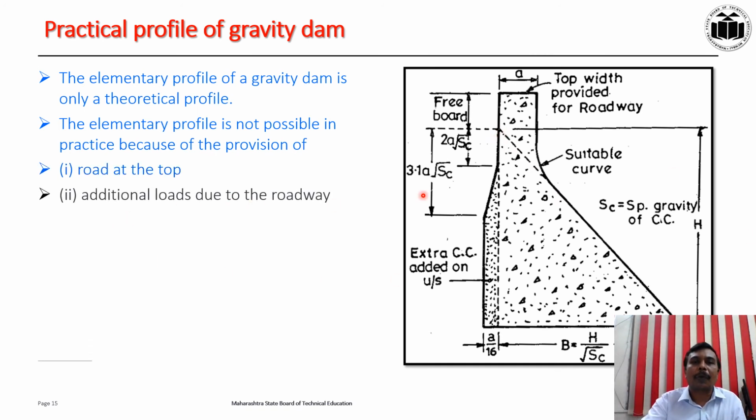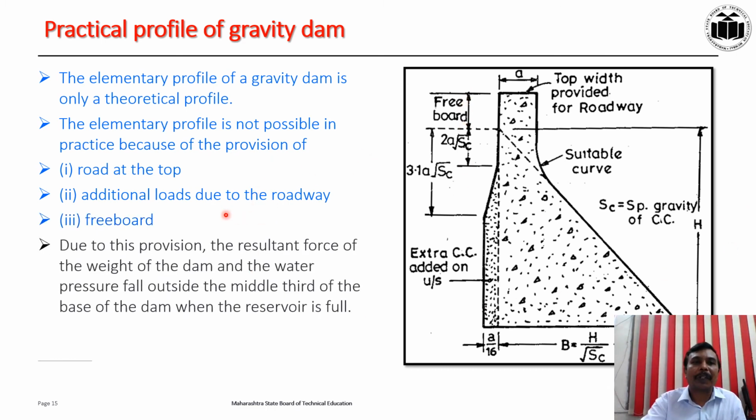Additional load due to the roadway. Since you are providing the roadway, the additional load will be exerted due to the shape of the practical profile. Similarly, the apex was at HFL, but we require the freeboard in the actual condition.